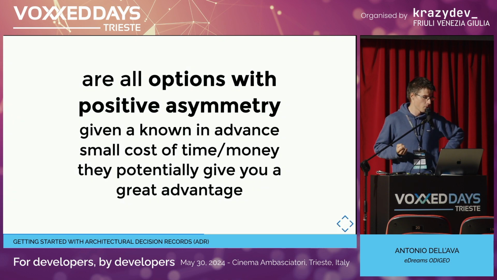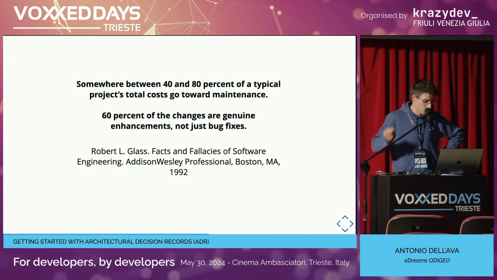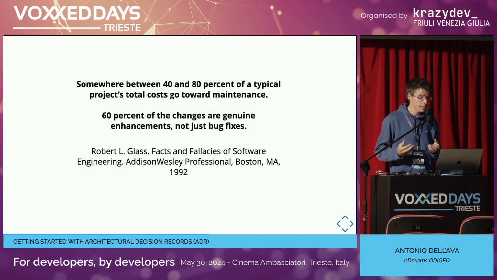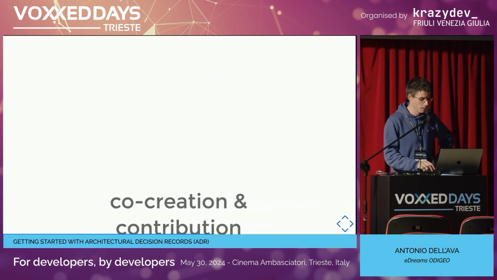So it's like before, we don't waste 20 minutes of time, but we accept to lose days of useless discussion trying to guess legacy code, okay? And this is valuable also taking into account that something between 40 and 80% of the typical project is maintenance, and 60% of this part is enhancement, new features, over the MVP.